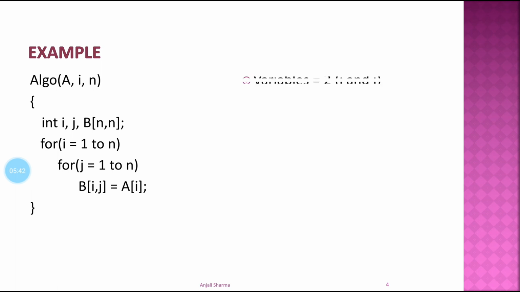So the variables that we require over here are two in number, that is I and j. Then we have an extra space, of course, for your capital B array, that will be equal to n square. Now this should be very clear to you all that a two-dimensional array is somewhat equal to a matrix.